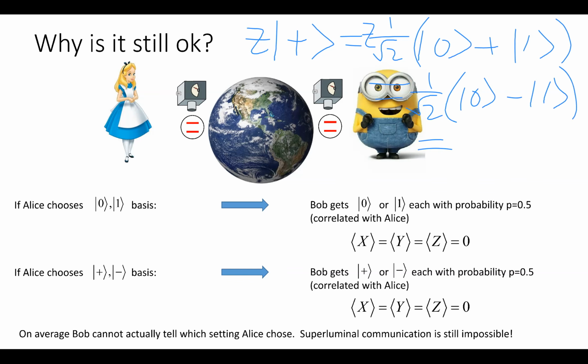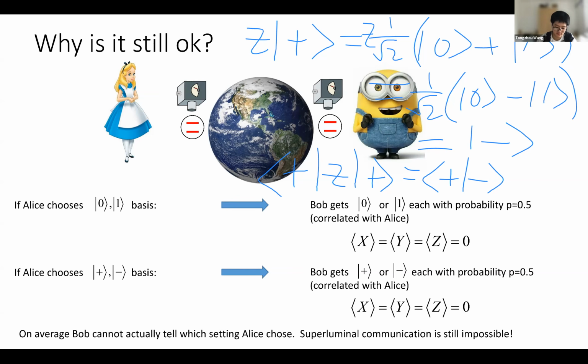That is actually the minus state. So if you calculate what the average value of z is, then what's going to happen is plus inner product with minus state. And what's that going to be? 0. Yes, they're orthogonal states, so these are 0.